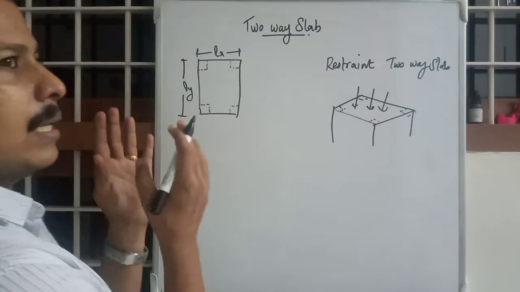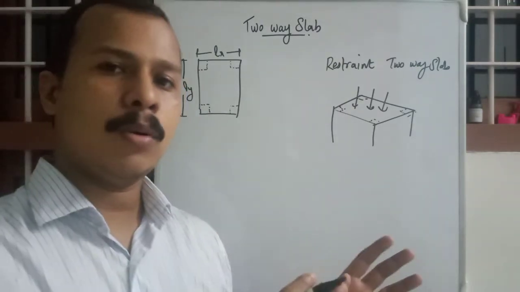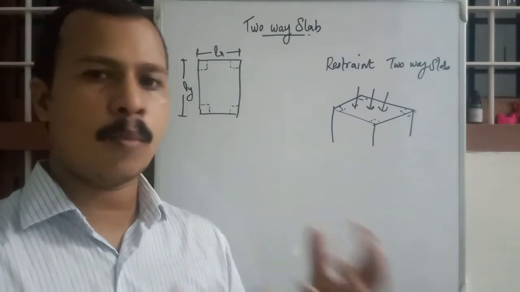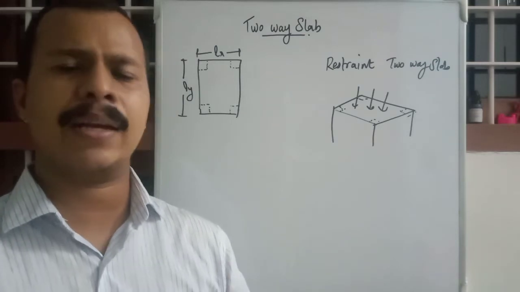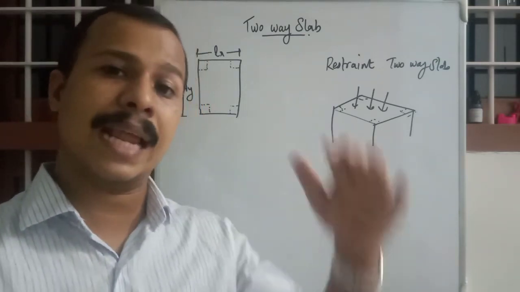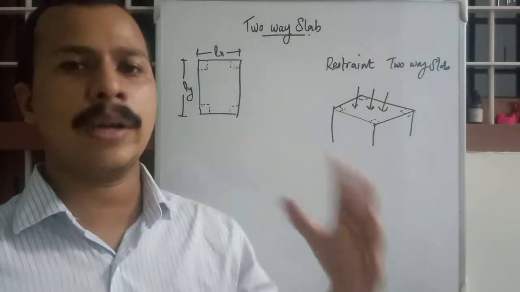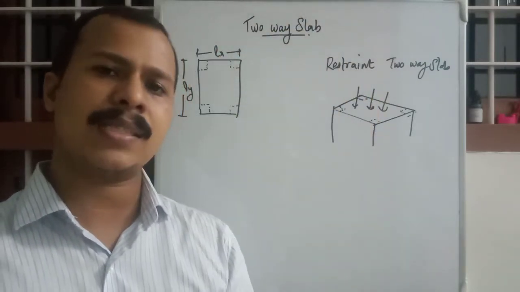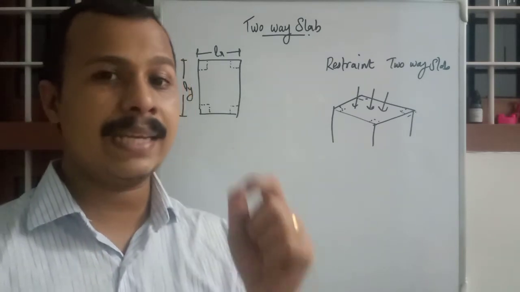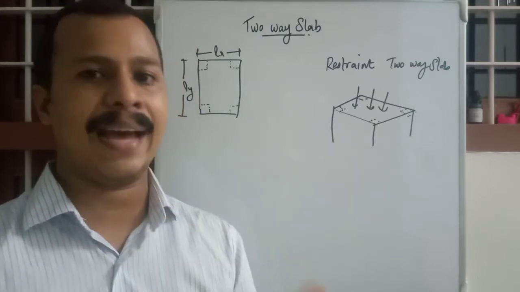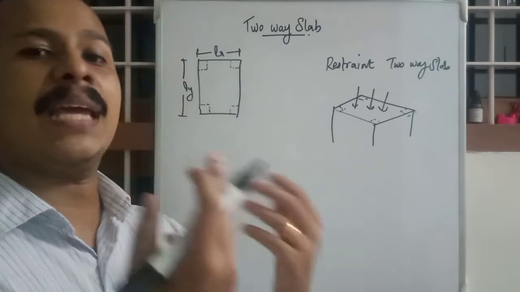Simply supported two-way slabs were mostly about masonry structures. Our homes, mainly one-story or two-story residential buildings, are usually made on a simply supported basis. The slabs rest upon masonry work. There is no bonding, and their corners are susceptible to move upwards while loading. But in multi-story buildings or flats, we will be building framed structures.